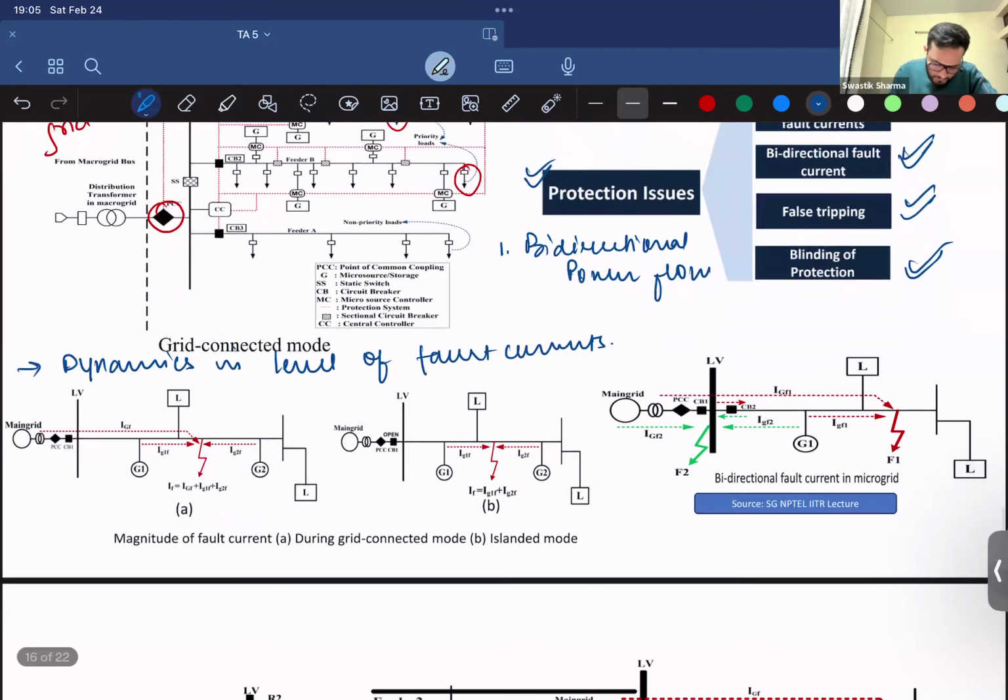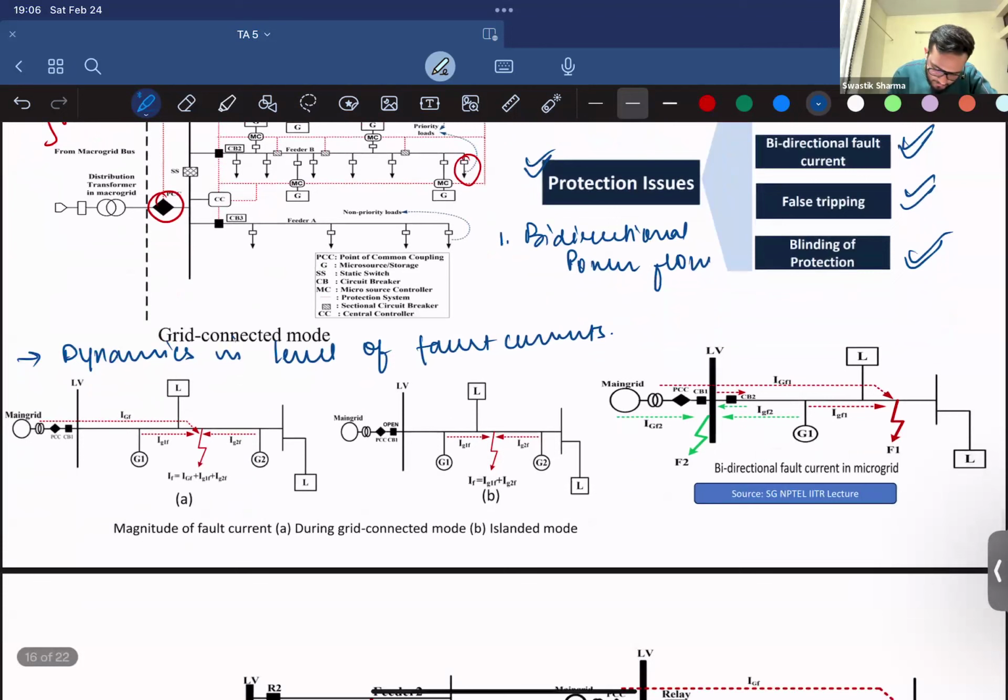So let's see this small microgrid, right? It's connected to the main grid through this PCC, which is connected to a circuit breaker, CB1. So when a fault occurs, what happens? The fault is a minimum impedance path, so current flows to this faulty section.